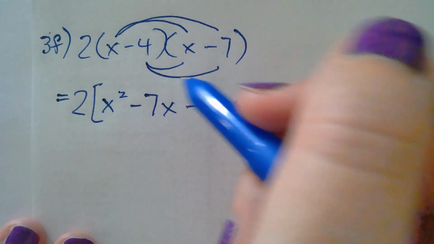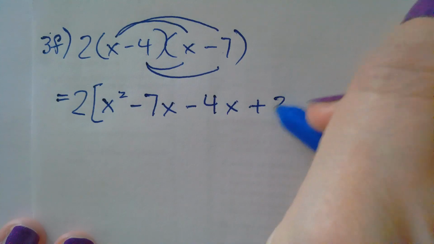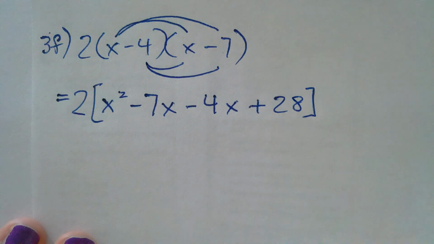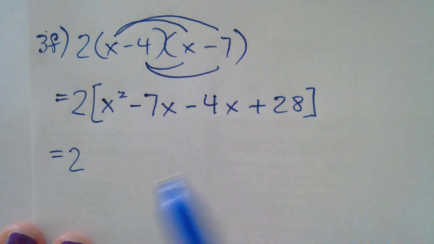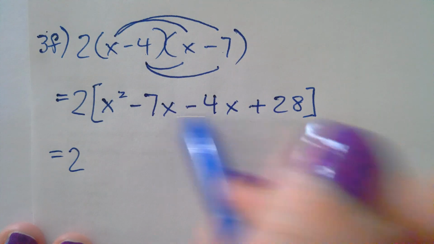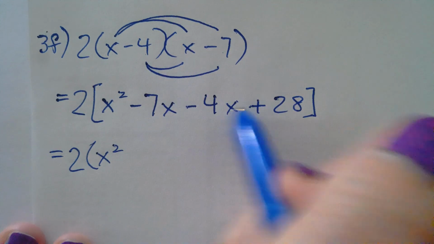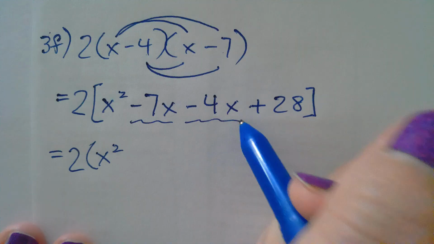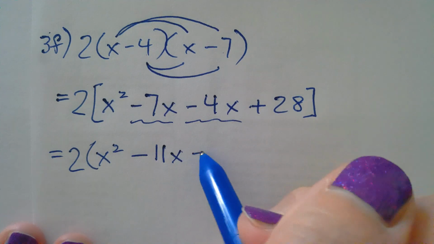Leandro, I'm going to ask you next. Negative and a negative is positive, so positive 28. Alright. So Leandro, what can I simplify in here? Negative 7x minus 4. Which is? 11x. Good. Negative 11x. Okay.